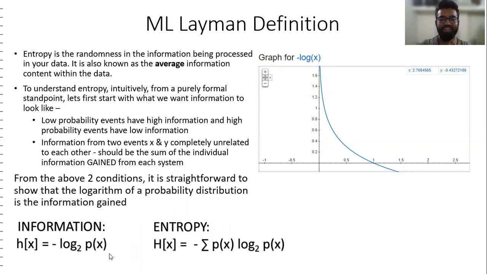Anyway, Shannon was the one who gave us this idea of entropy being the lower bound of the number of bits needed to transmit the state of the random variable.